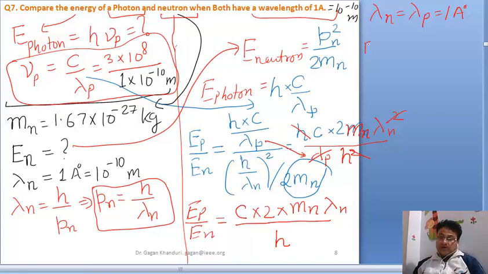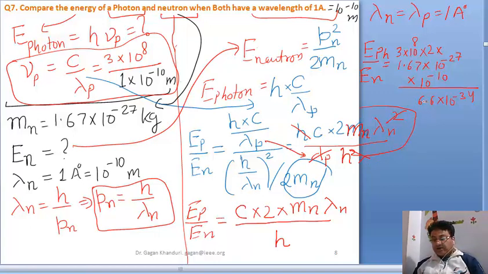Now I am going to put the values. E p by E n: c is 3 into 10 to the power 8, into 2, into mass of neutron 1.67 into 10 raised to the power minus 27, into lambda n which is 10 raised to the power minus 10, by h, that is 6.6 into 10 raised to the power minus 34.